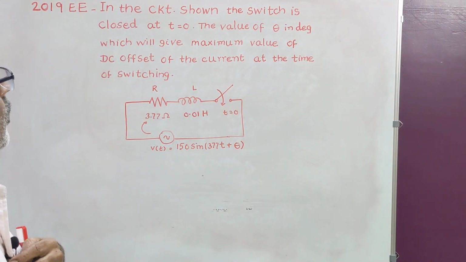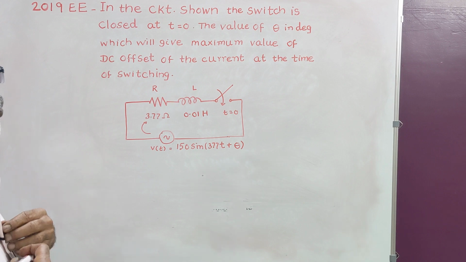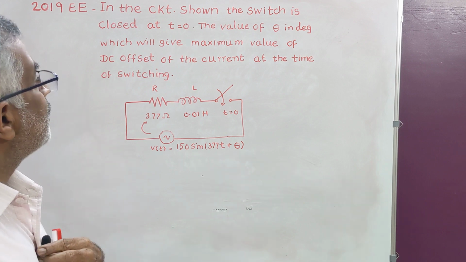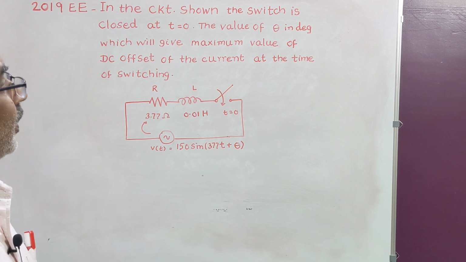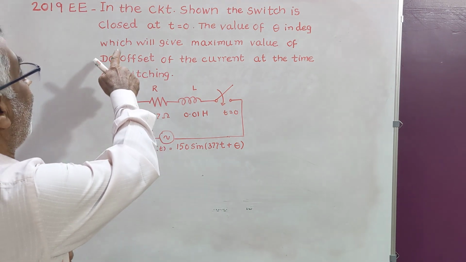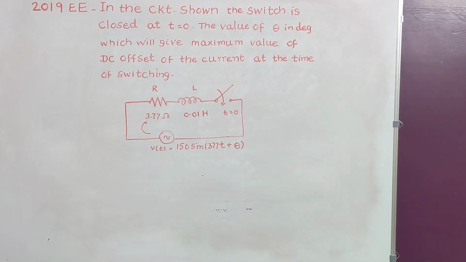In the circuit shown, the switch is closed at t equals 0. The value of theta in degrees, which will give the maximum value of DC offset of the current at the time of switching.